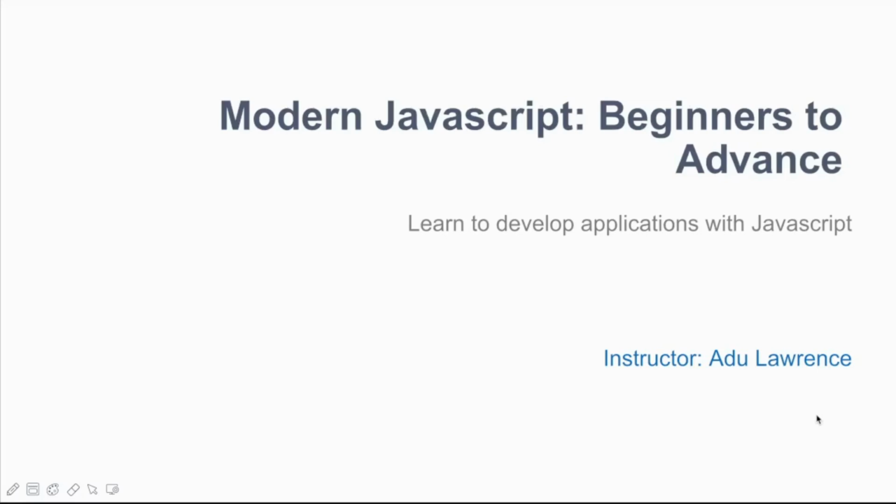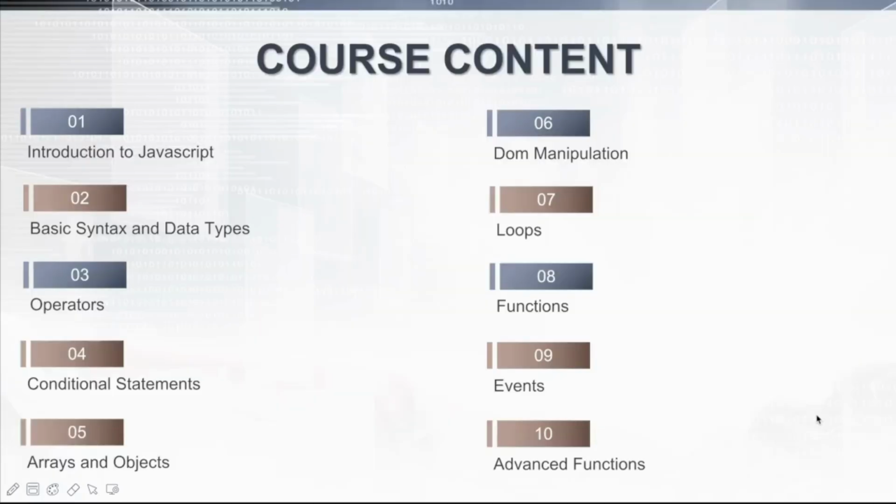Alright, so before we finish this video, we're going to look at the content of this course, the different things we are going to be covering in this course. Okay, so this course is designed, like I mentioned earlier, to cover the concept of JavaScript from beginner to advanced level, and I was able to put some topics together to make sure I cover everything from beginners to advanced level of JavaScript, and believe me, I have a lot here in this course.